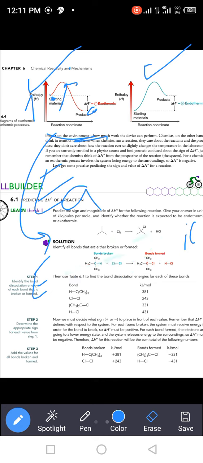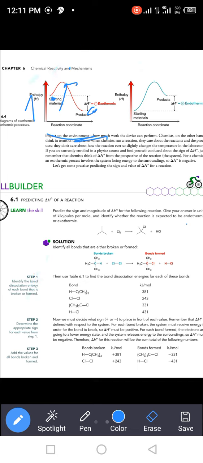In the second graph, reactants and products are represented, with enthalpy and reaction coordinate. This graph is plotted between enthalpy and reaction coordinate.